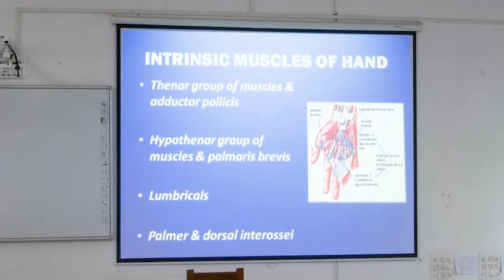Now, intrinsic muscles of the hand: the thenar group of muscles, adductor pollicis, hypothenar group of muscles, and palmaris brevis, lumbricals, palmar and dorsal interossei.